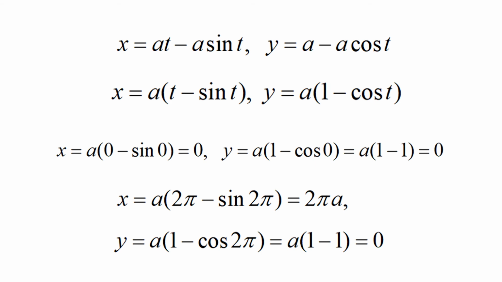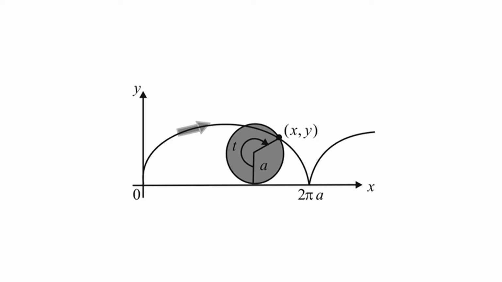That is at the point (2 pi a, 0). This is the place where the point on the rim touches the x axis after it touches the origin. The portion between two consecutive contacts with the x axis is called an arch. The figure shows the first arch of the cycloid and part of the next.